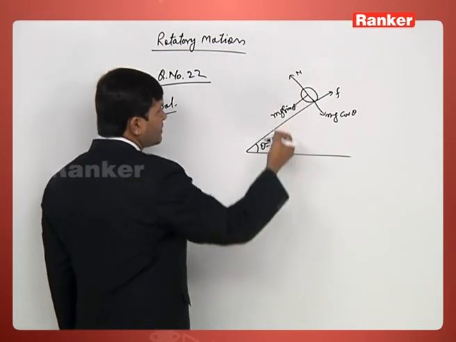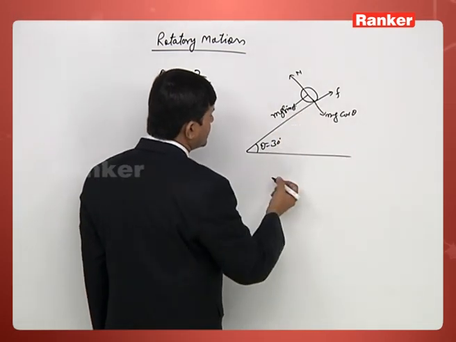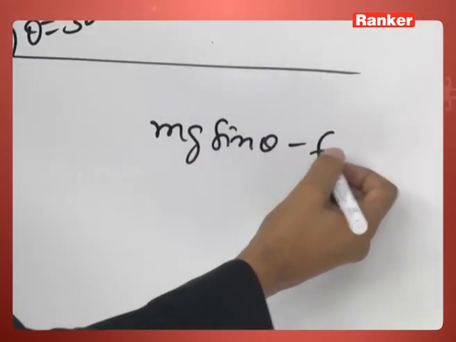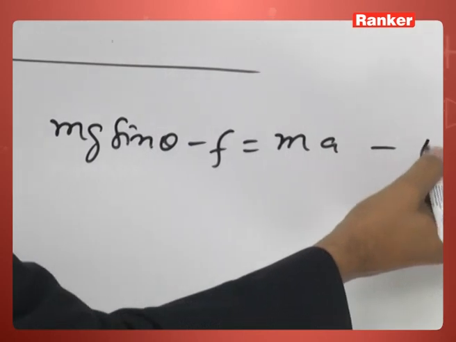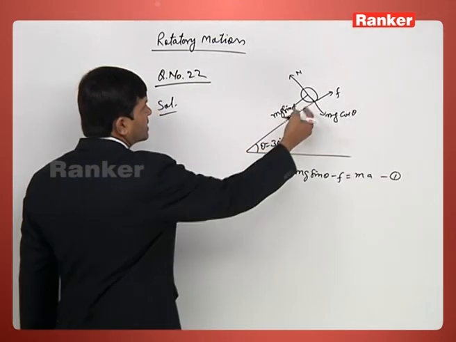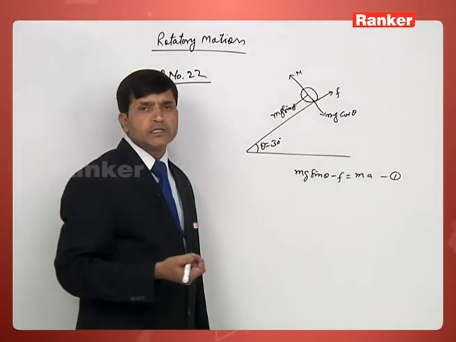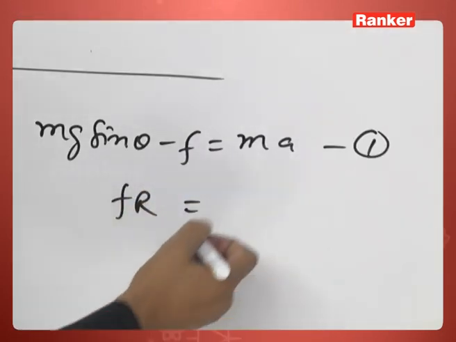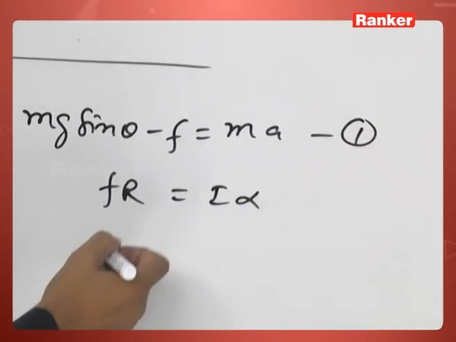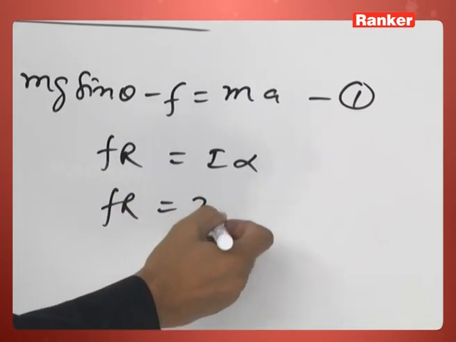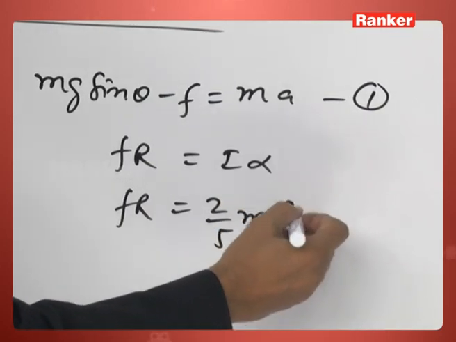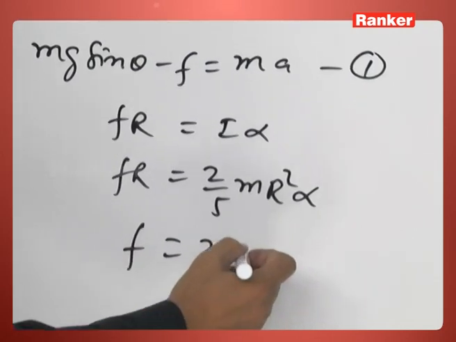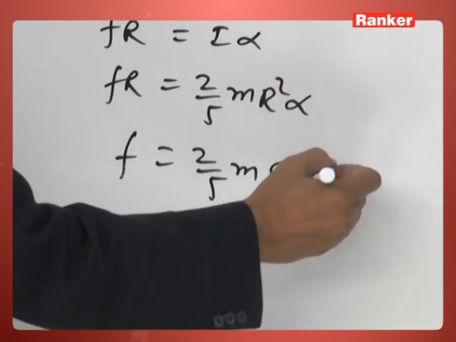Under the effect of mg sin theta and friction, it will provide translational acceleration, which we write as m into a. That is the first equation. The friction force will provide a torque, F into R equals I alpha. So F into R, I is 2 by 5 mr square into alpha. F is equal to 2 by 5 m, R alpha, which is a tangential.